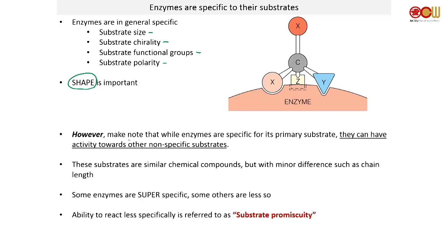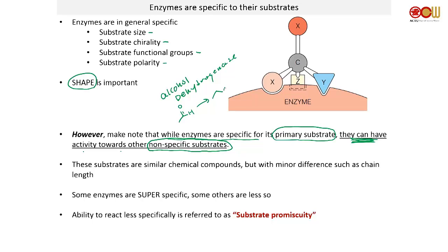However, make note that while enzymes are specific for their primary substrates, they can have activity towards other non-specific substrates. Even though I say non-specific substrates, they're not going to be very different from the natural substrate. For example, I can have an alcohol dehydrogenase that naturally reacts acetaldehyde to ethanol.